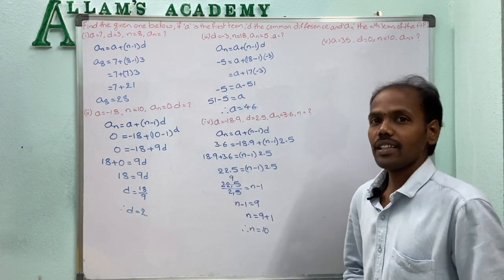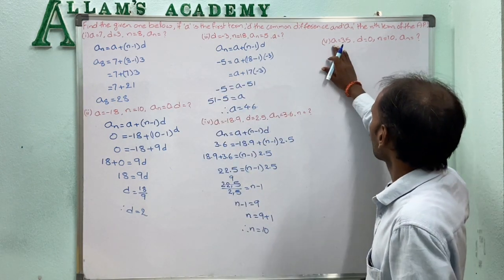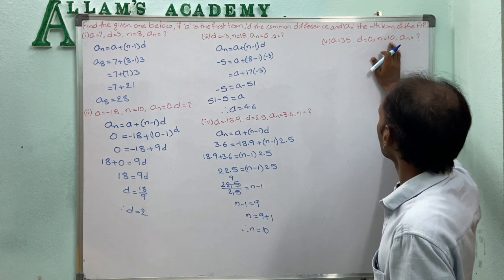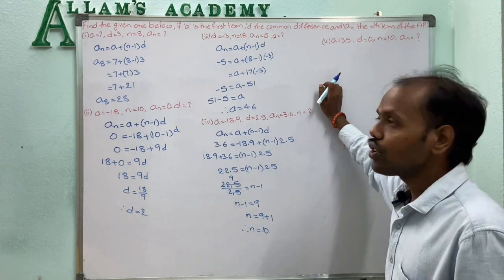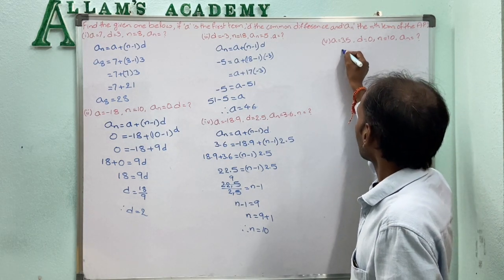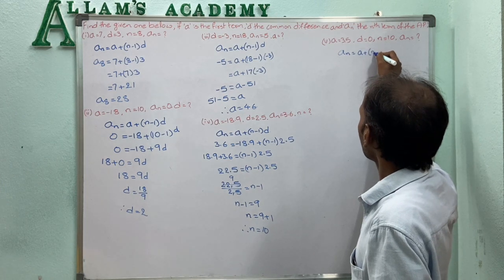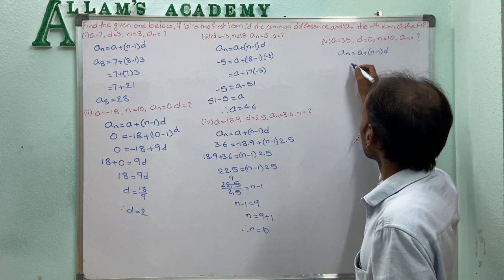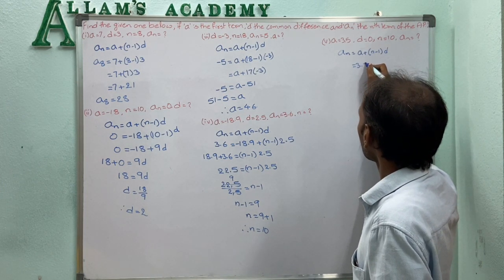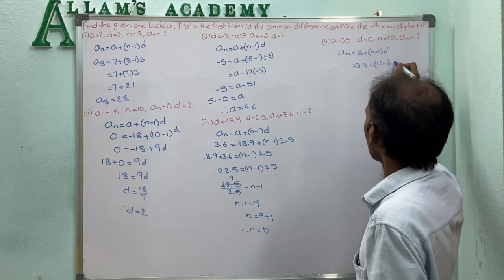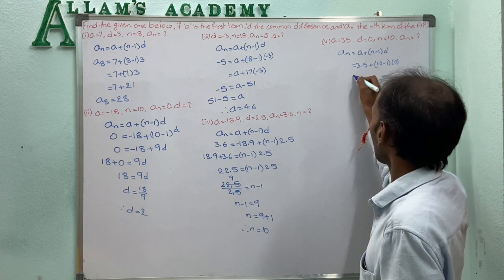Okay. Now the next problem: given a equal to 3.5, d equal to 0, n equal to 10, then an equal to how much? So an is equal to a plus n minus 1 into d. So a equal to 3.5 plus n minus 1, 10 minus 1, into d value 0.